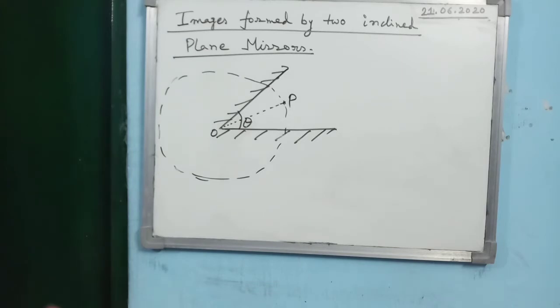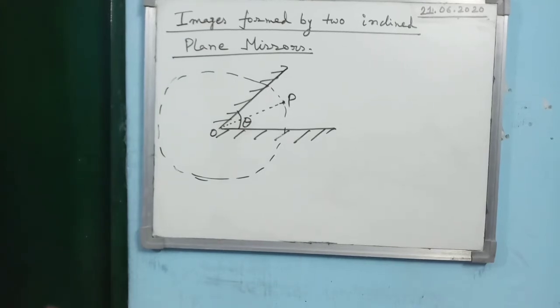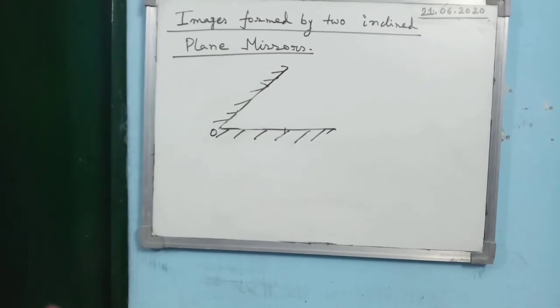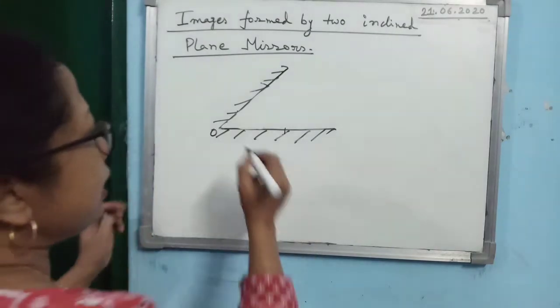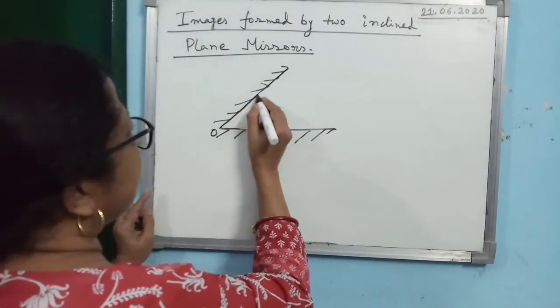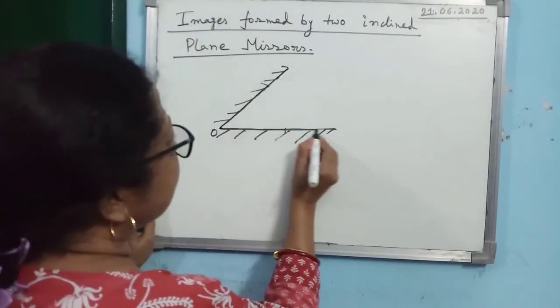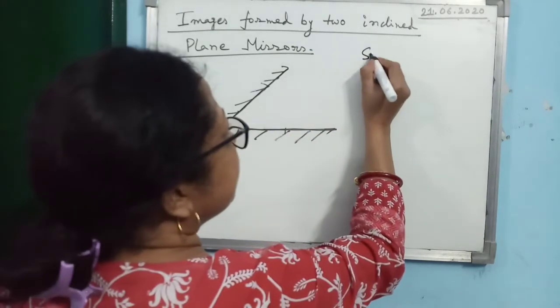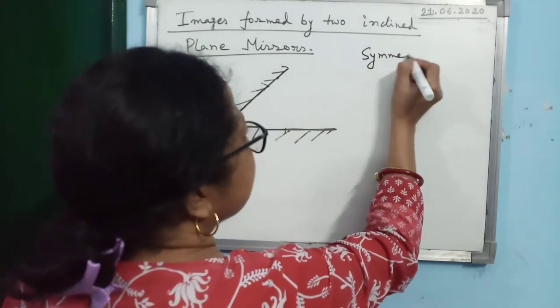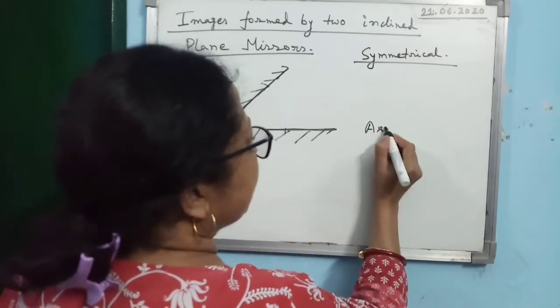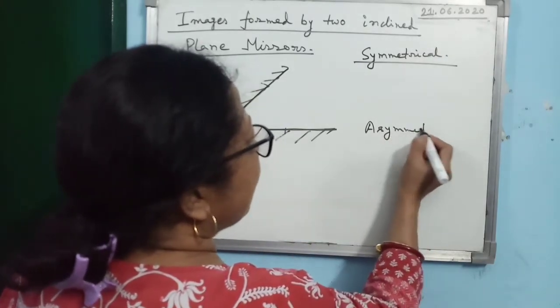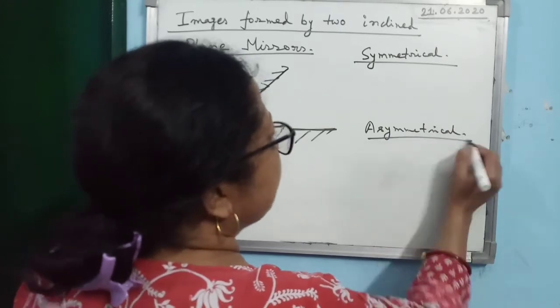Now the question arises: how many images will be produced? You have to understand one more point also. When you are keeping the object in between the 2 mirrors, you can keep it in 2 different ways. One is symmetrical, another is asymmetrical. So you understand what is the meaning?